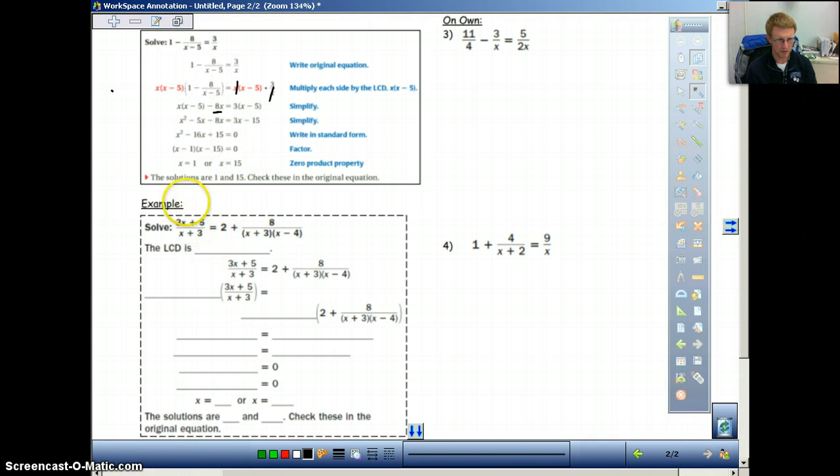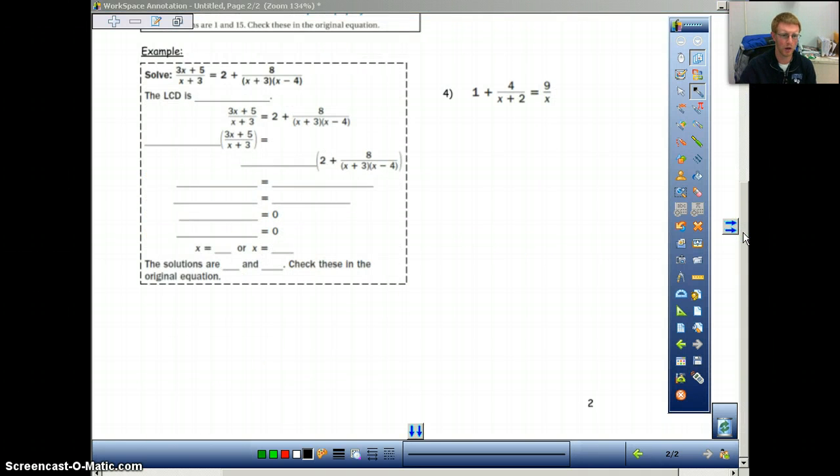So in this case right here, the 2 is irrelevant when we're trying to find an LCM because the bottom of that would just be 1. We have an x plus 3. We have another x plus 3, but we don't need to repeat that. And we have an x minus 4. Therefore, our LCD, or lowest LCM, doesn't matter, is x plus 3 and x minus 4.